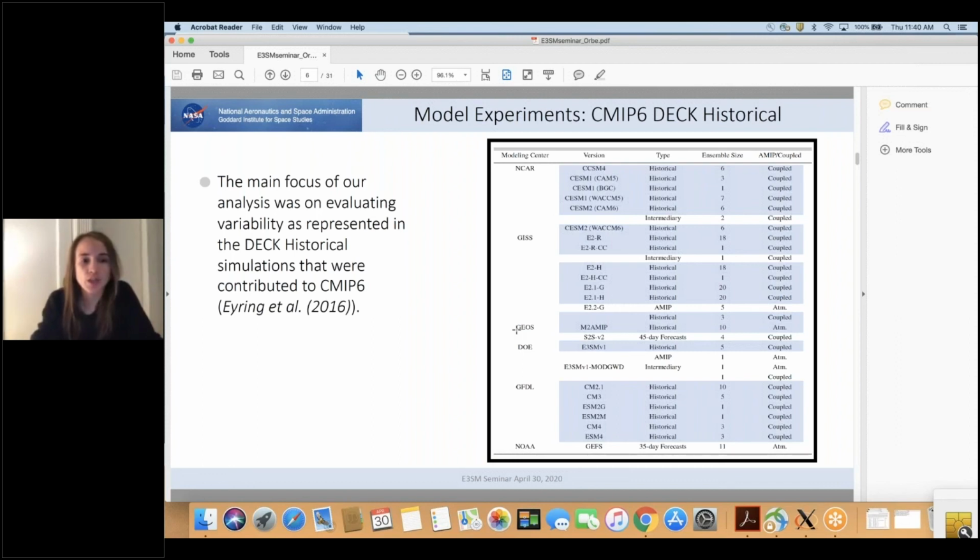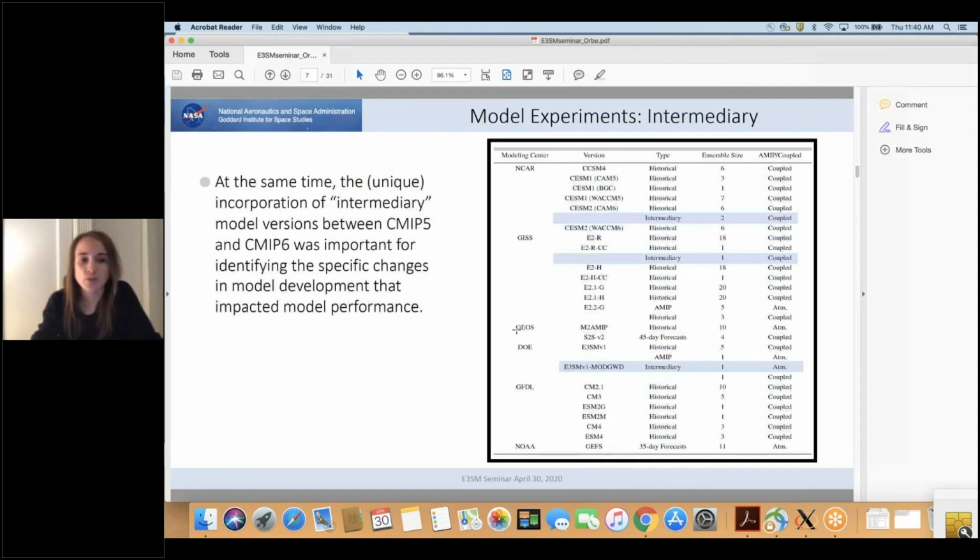And so in addition to the historical integrations, which could be directly validated and compared against observations or at least the reanalyses, we also made use of intermediary experiments. And so we had 1 intermediary submission from NCAR, 1 from GIS, and then 1 from the E3SM. And perhaps many of you have already seen some of the results from this, and we'll discuss this in the context of the quasi-biennial oscillation.